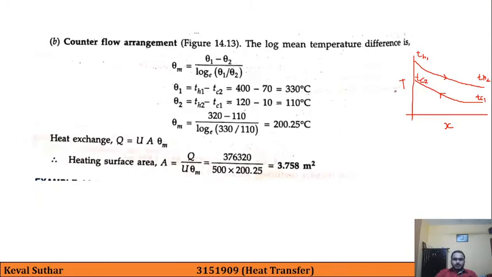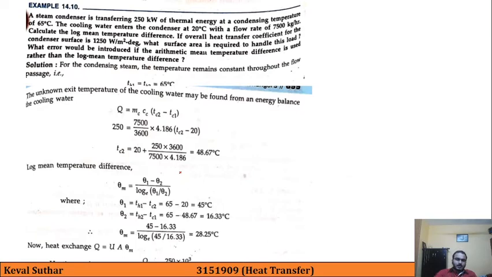So theta 1 will be this, and here this will be the value of theta 2. Similarly we can get the value of theta m, and in that way we can obtain the heating surface area A. Now let's move on to our next question.